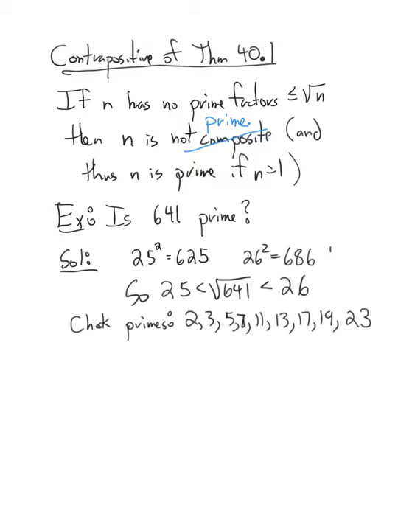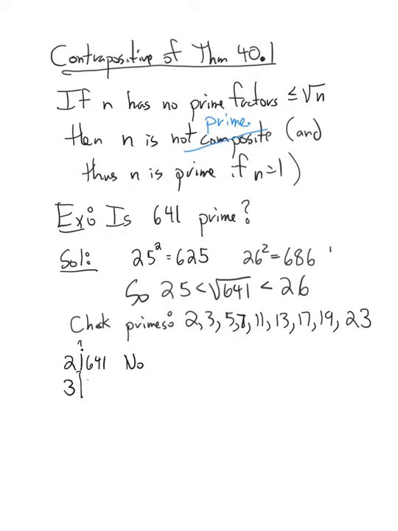So that is 1, 2, 3, 4, 5, 6, 7, 8, 9 different primes we have to check if they're a factor. Okay, so is 2 a factor of 641? No, that's pretty obvious. You can always check these by long division. There are some divisibility rules that'll help you out as well, if you know those.